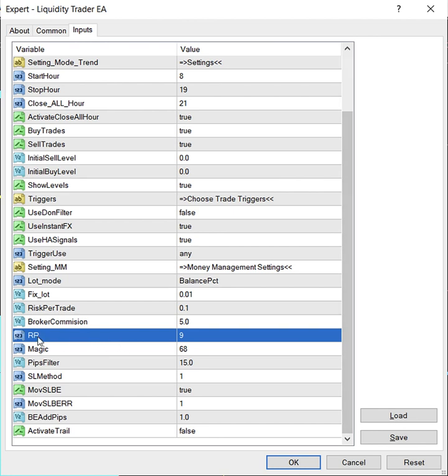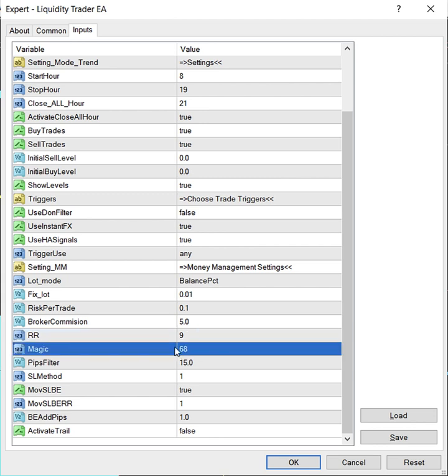Now the RR is the risk to reward ratio, so how much you want to be risking and how much you want to be targeting. So here you can have like 8 or 9. So this will be like you are risking 1 to make 9 times your risk.